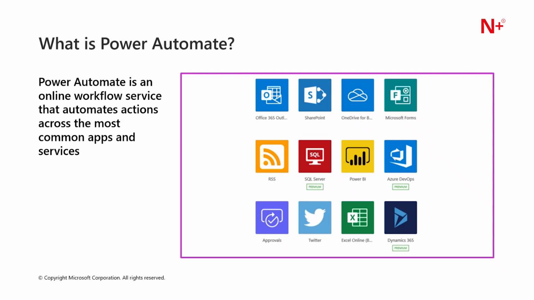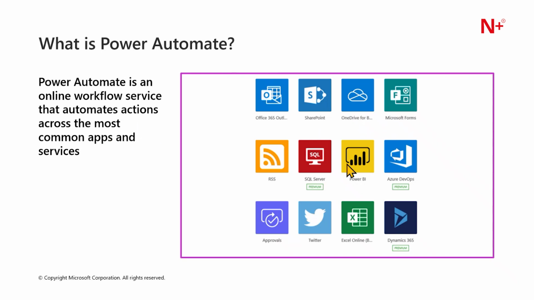For every application, service, or data storage where you need to automate any transaction, Power Automate could be the right tool. You would be able to use it across all those most common apps and services.